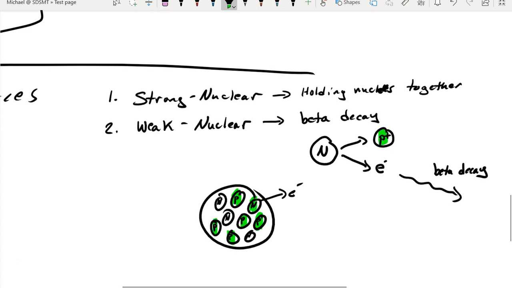And so that changes the proton count inside the nucleus of this atom.